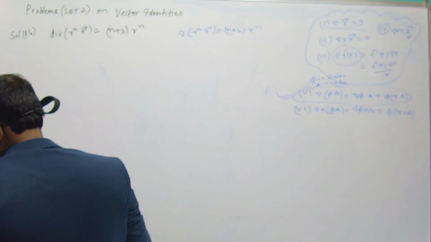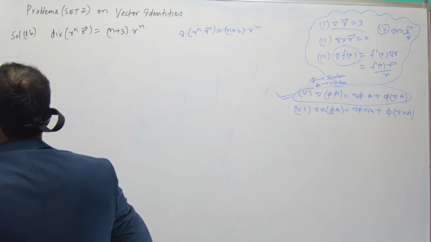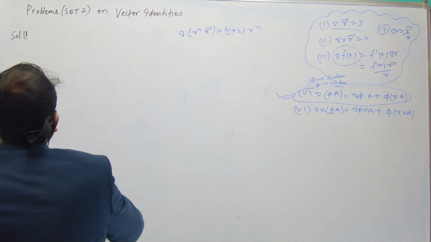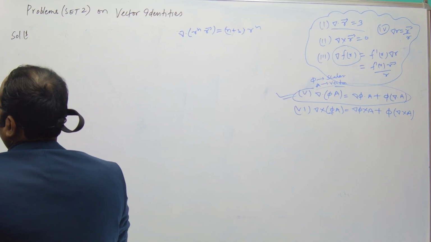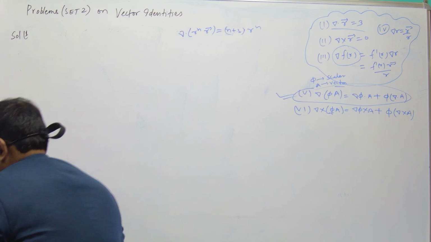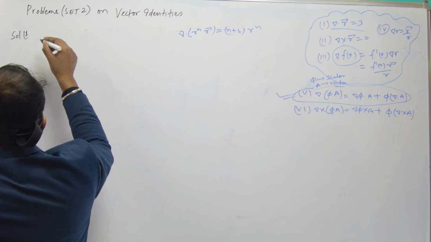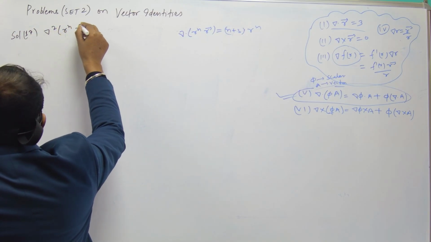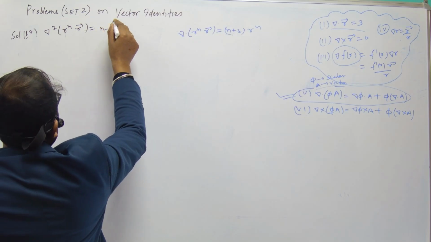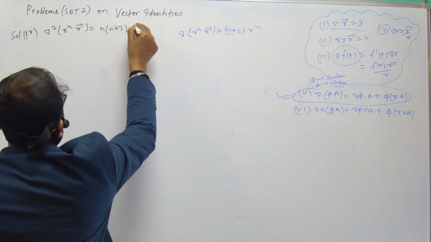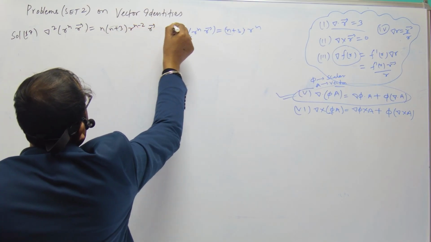Now let us use del square of r^n r vector. Del square r^n r vector is equal to n times (n+3) r^(n-2) r vector.